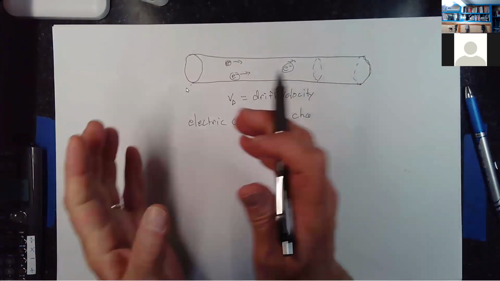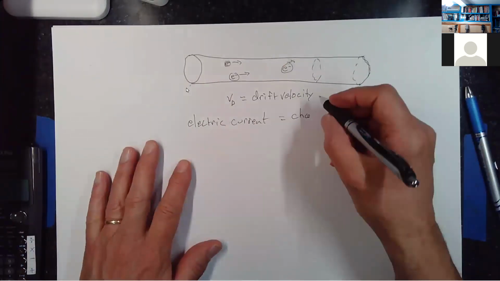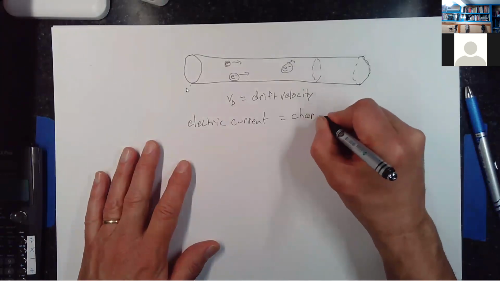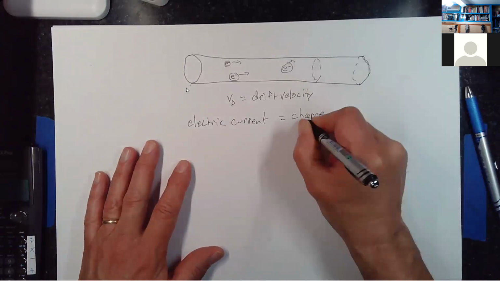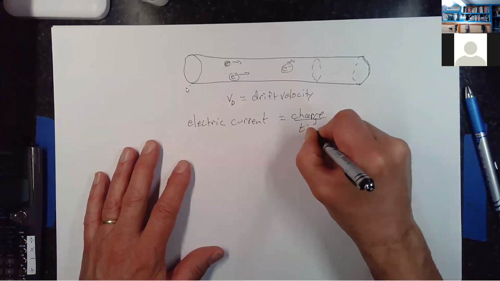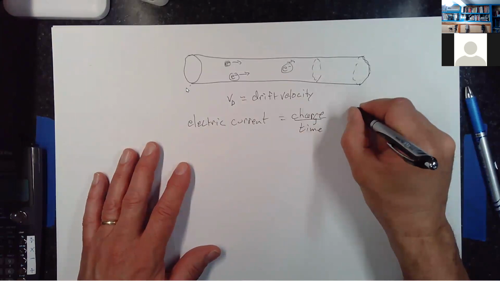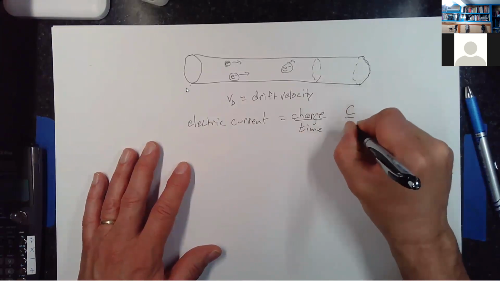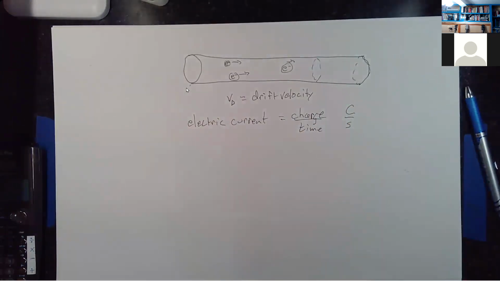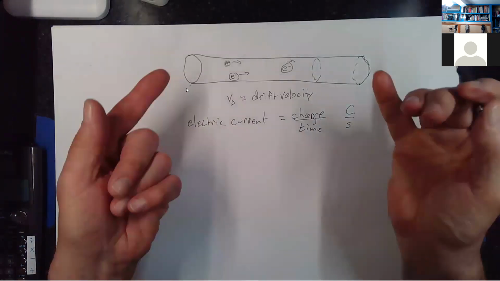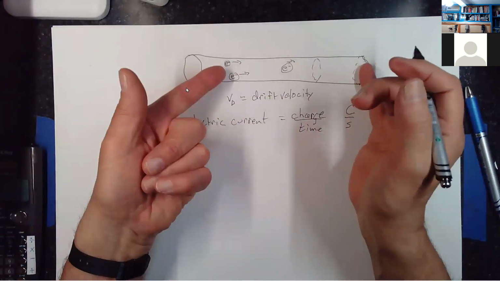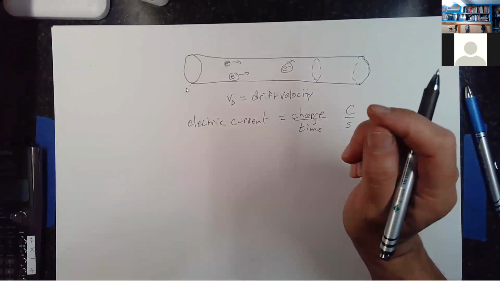It pretty much stays the same all the time. And that electric current is the charge per unit time that's going through the wire. And we measure electric currents in coulombs per second. Those are our units of charge. Well, how many coulombs per second will go along here? See if we can figure that out.